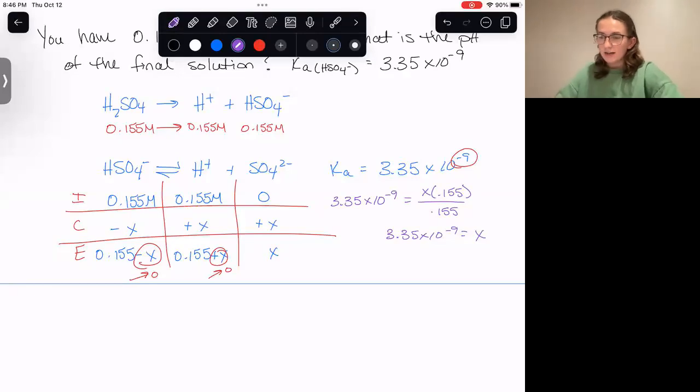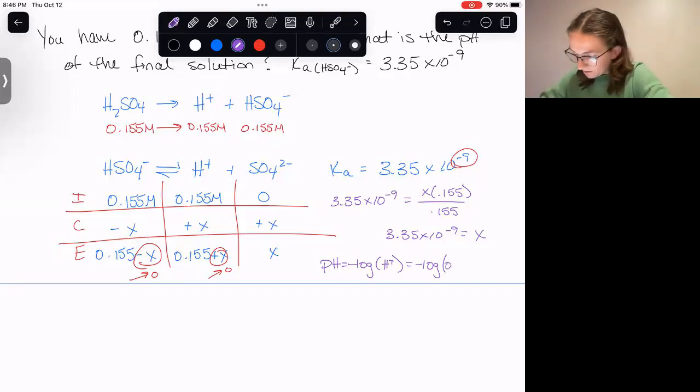Okay, so once we know that X is equal to 3.35 times 10 to the negative 9, we need to know that we're looking for pH. So we said that pH is equal to the negative log of H plus. And here, even though we said that the assumption was negligible, I would still do your calculation when you're trying to solve the final pH. So you say you have 0.155 plus 3.35 times 10 to the negative 9.